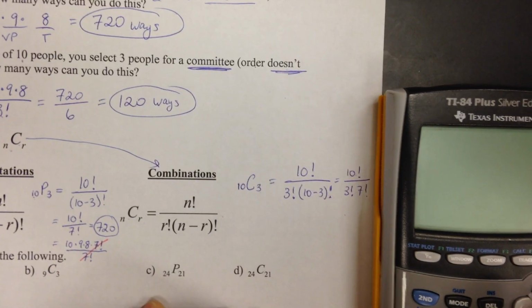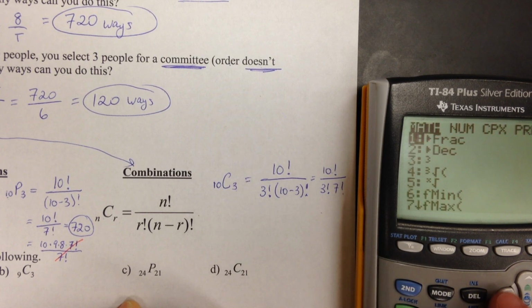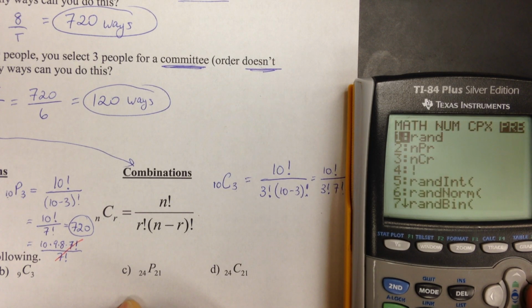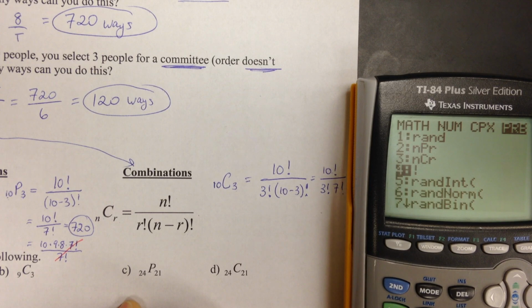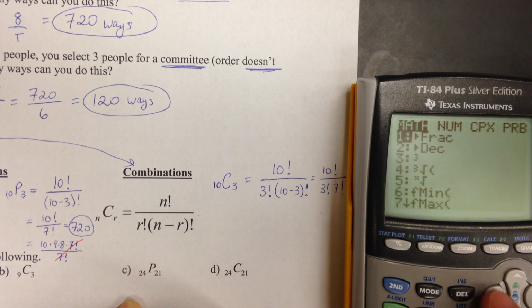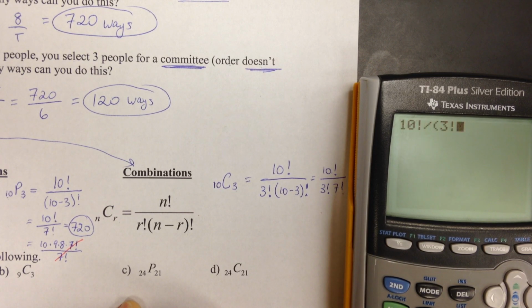And if we decide to type this, we can do 10, let's see, factorials, we go math, and we go over to PRB, probability, and down to number 4, divided by, now I'm going to type it, 3 factorial, and then 7 factorial.